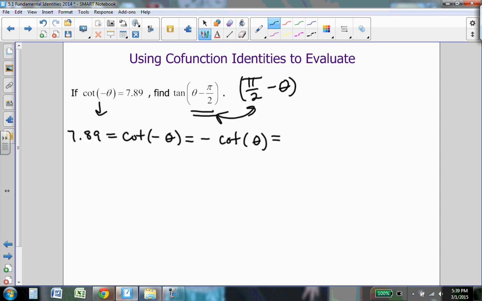That means that it's the opposite of, and now we replace this with the fact that it is the same as the tangent of pi over 2 minus theta. That was a direct cofunction identity. And now we need to start looking at that. We're really close, except that they are opposites of each other, what we're taking the tangent of.